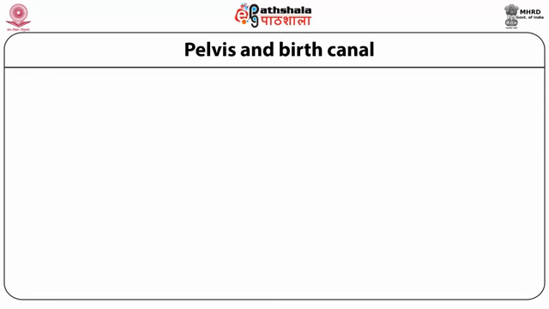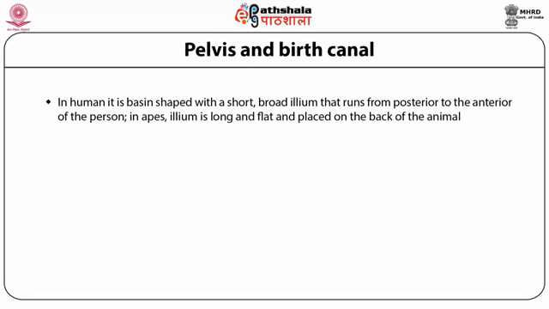These bones are arranged in such a way that it gives a basin shape in humans, with a short, broad ilium that runs from posterior to the anterior of the person. But in apes, the ilium is long and flat and placed on the back of the animal.